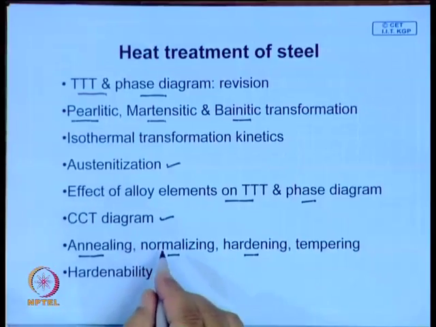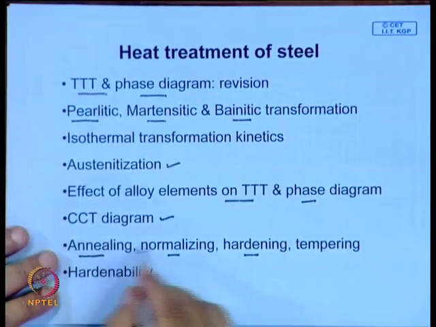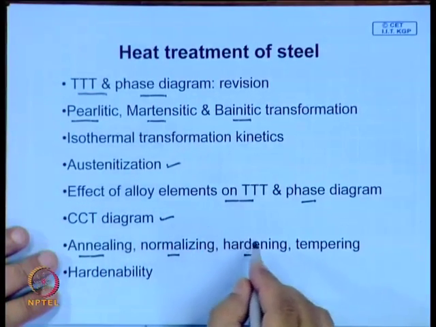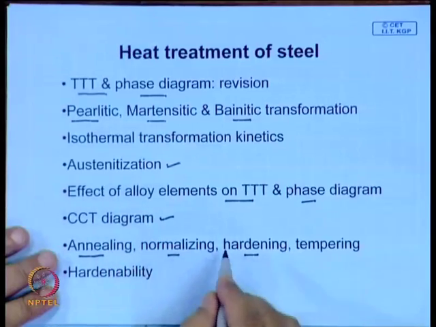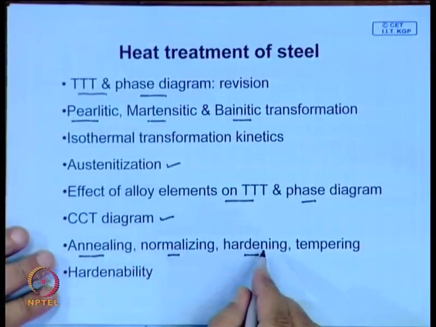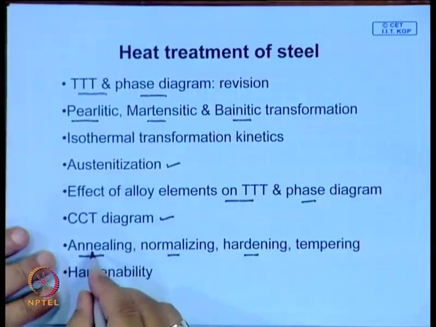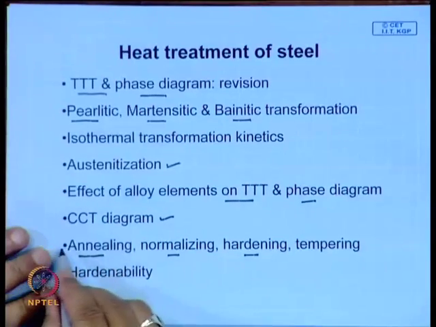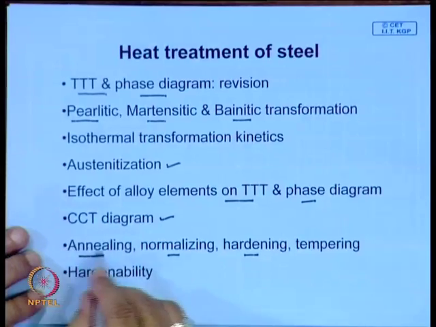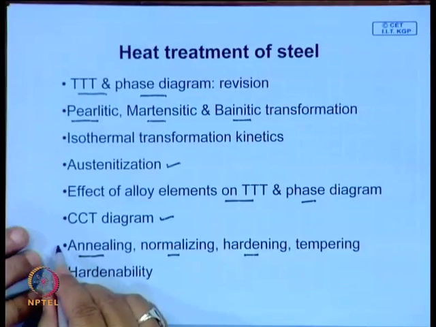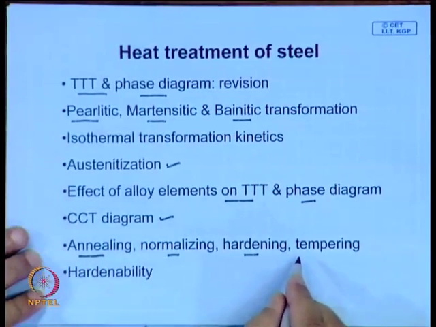Today we will concentrate on this, and last class we discussed this primarily with respect to eutectoid steel. Today we shall look at how this process changes if the composition or carbon content in steel changes.